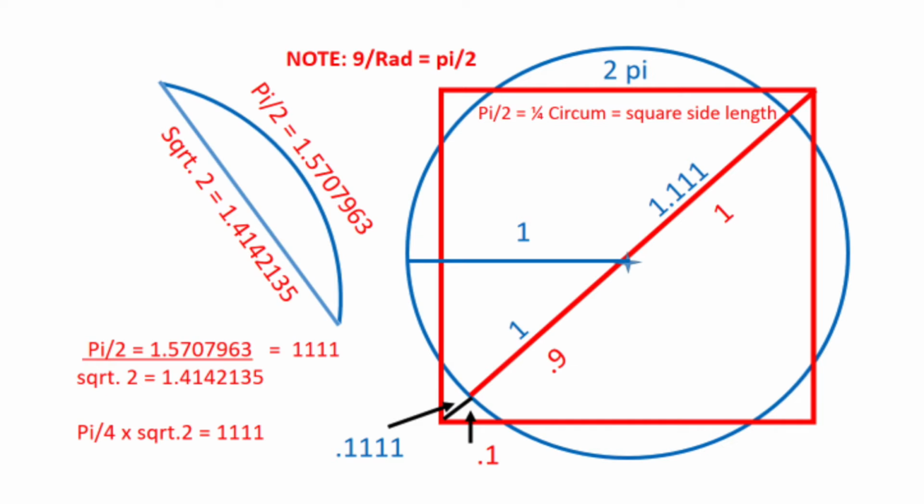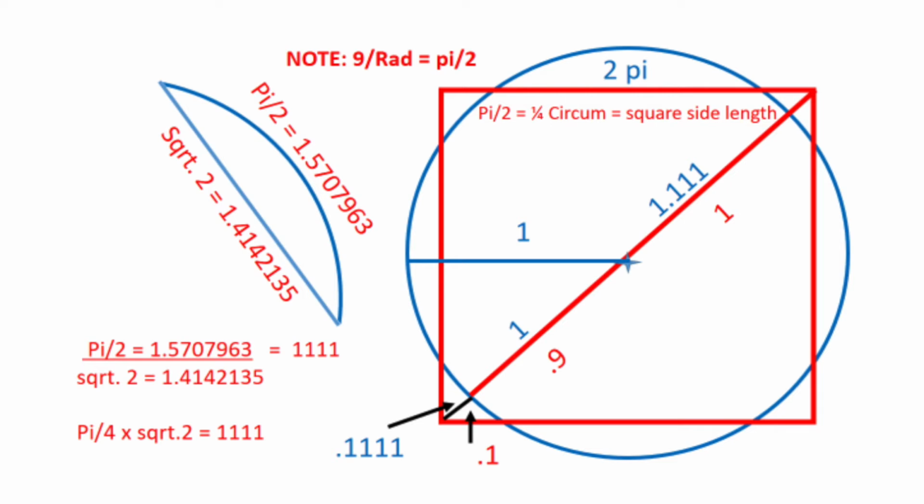We can then simply divide that circumference by 4 to derive the necessary side length value of the superimposed square, or pi over 2. At this point we can multiply the square's side length by square root 2 to derive the length of a diagonal line which bisects the square. If we now compare the length of 1/2 of that diagonal to the radius of the circle, we will derive the 9:1 ratio of the neg.